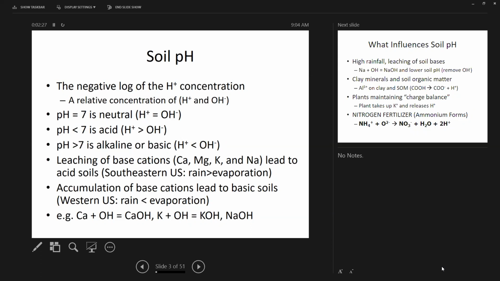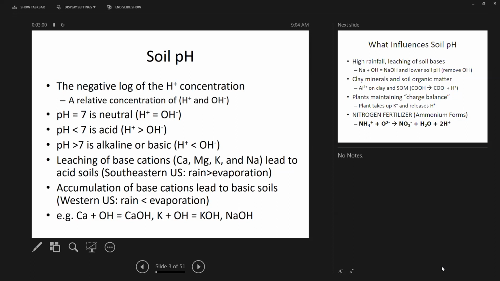However, if we have more hydrogens than hydroxyls, then its pH is going to be less than 7 and it's going to be acid. If it's 6.5, it's just barely acid compared to a pH of 1, which is a strong acid. But if it's less than 7, it's acid, and if it's greater than 7, it's alkaline or basic. So that means there's more hydroxyls floating around in the soil solution than hydrogen ions.